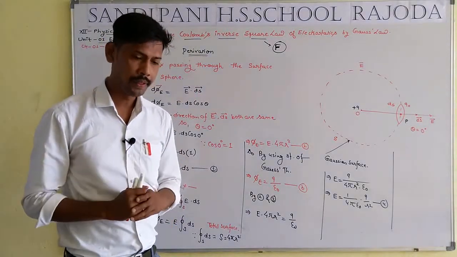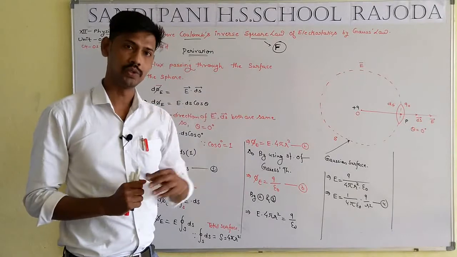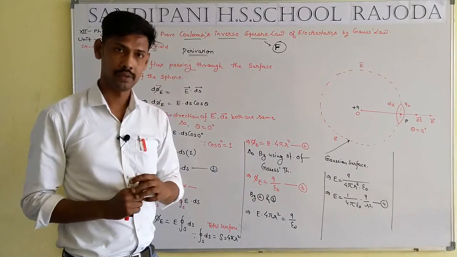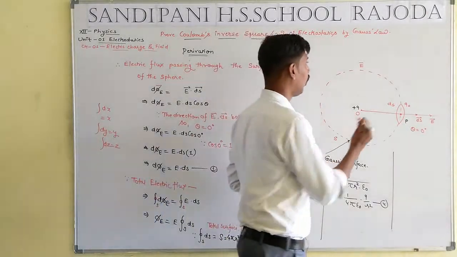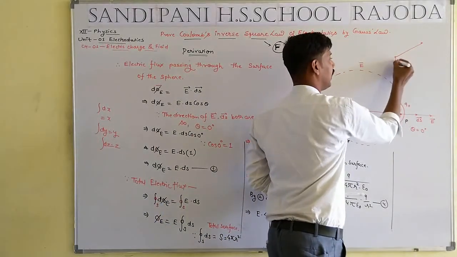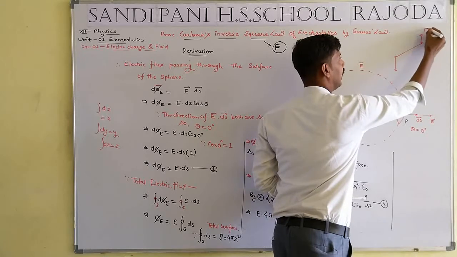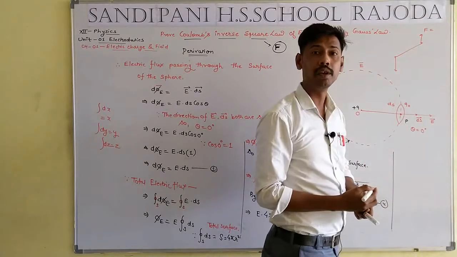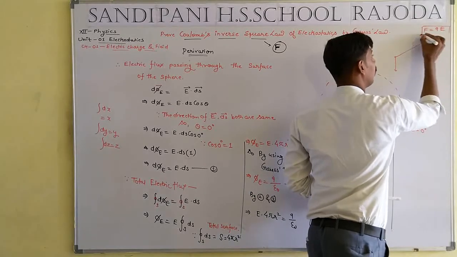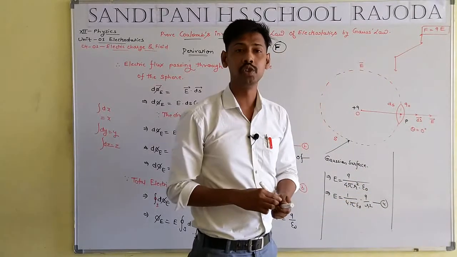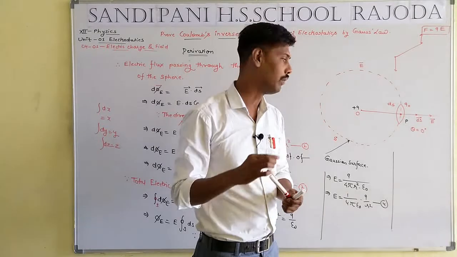So student, just focus on the last video, torque due to uniform electric field. In the diagram of torque, we get two types of force. F equal to QE. What is the proper definition of force? Force equals charge into intensity of electric field.